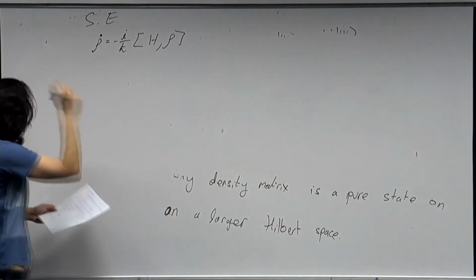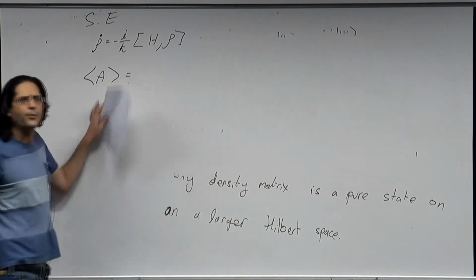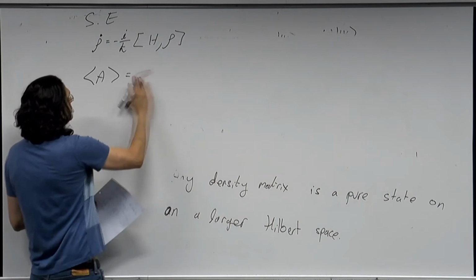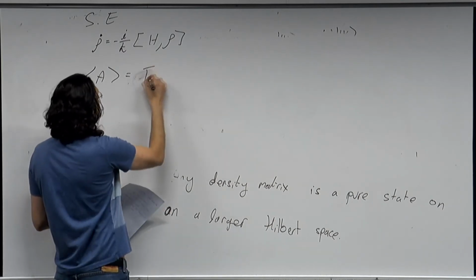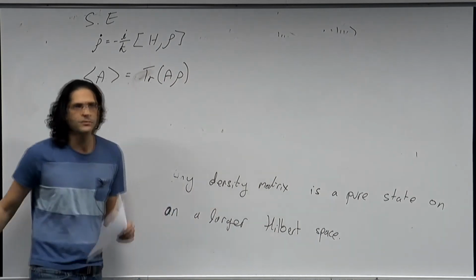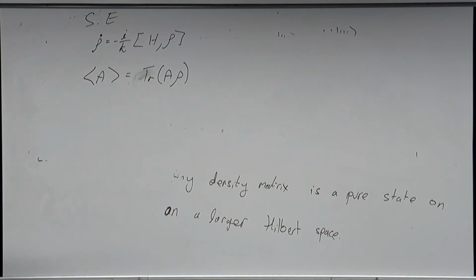Okay? And the average of some operator A equals the trace of A rho. I'm just writing it down to remind anyone who's forgotten this. Okay? And we'll move on to talking about measurements and how measurements are defined.